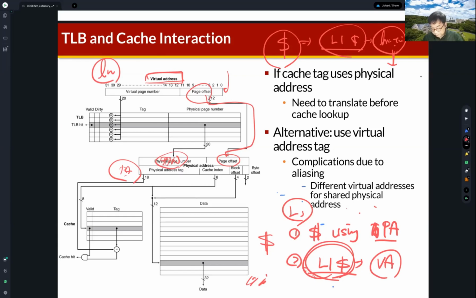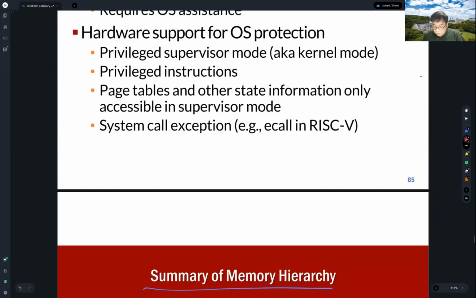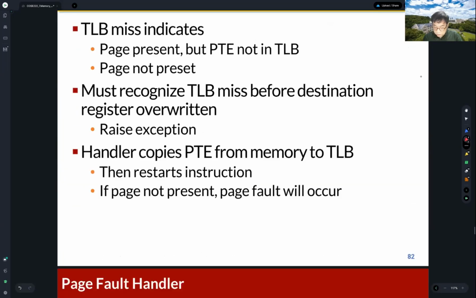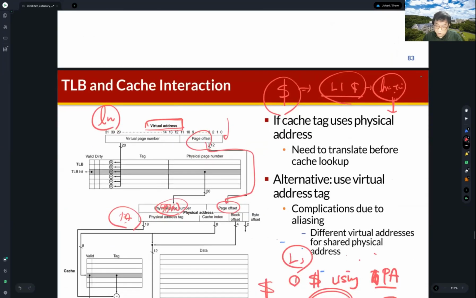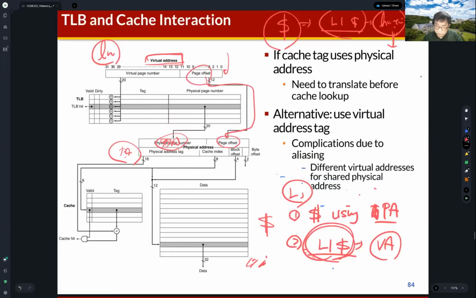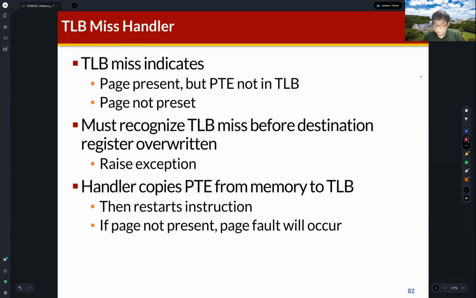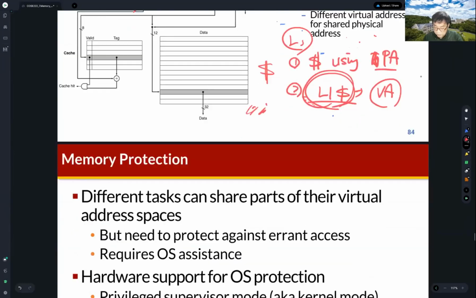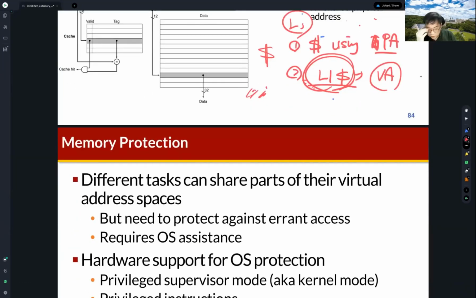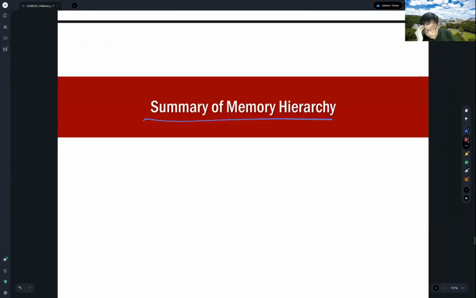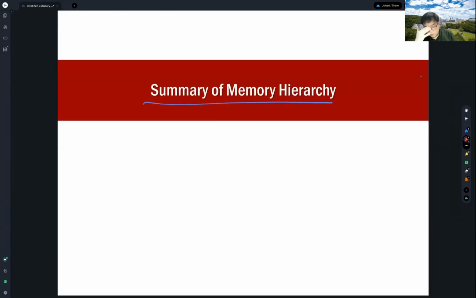So this is the end of chapter 5. In chapter 5 we learned about the memory hierarchy, and also about the cache. The cache is a critical component, because without cache we need to access main memory directly, but main memory is very slow.